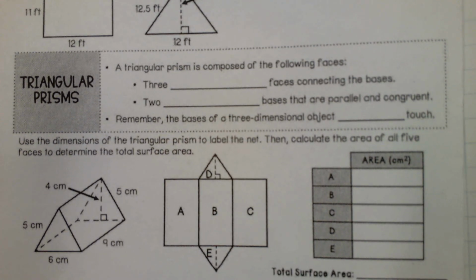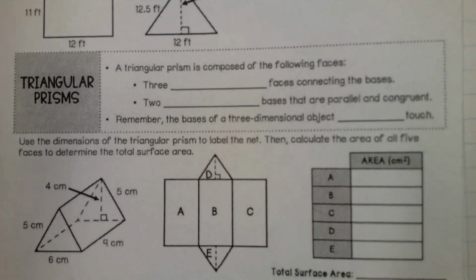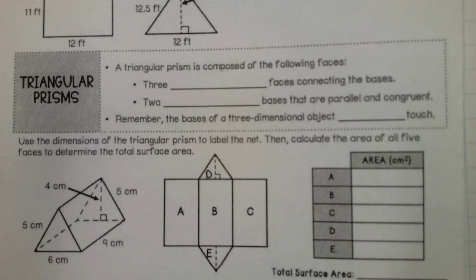A triangular prism is composed of the following faces. Three of these lateral ones. What shapes are these? Rectangles.